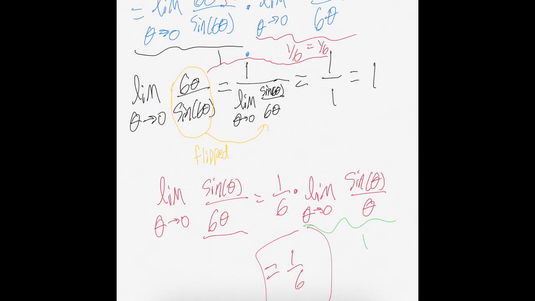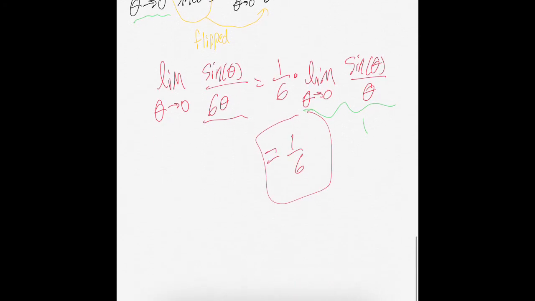Again, the important thing is that it is sine of something over that same something, and the limit of that something goes to 0. Then for the second limit, sine of theta over 6 theta, we could just pull the 1/6 out and use the same relation.